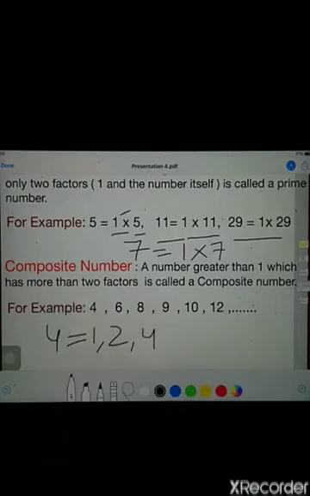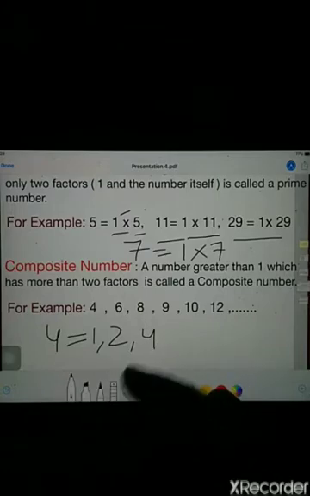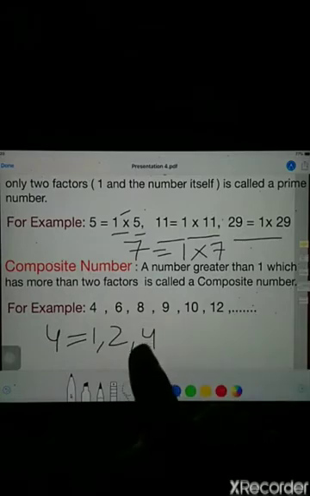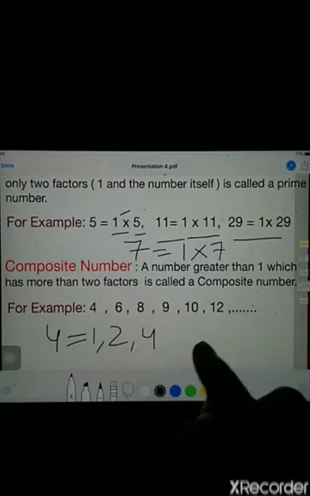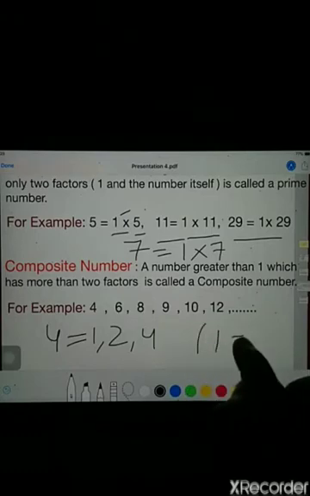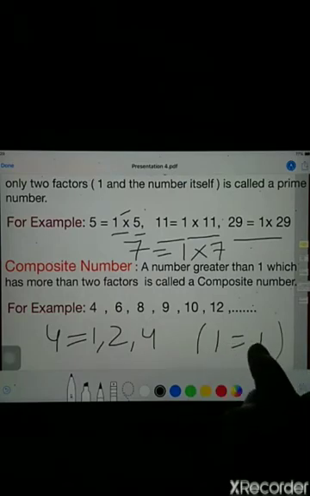So this number is called a composite number. Now can you tell me what about 1? Is 1 a prime number or a composite number? 1 is neither prime nor composite because 1 has only one factor. So it is not a prime and not a composite number.